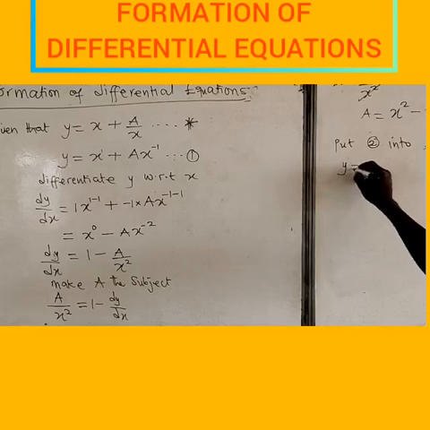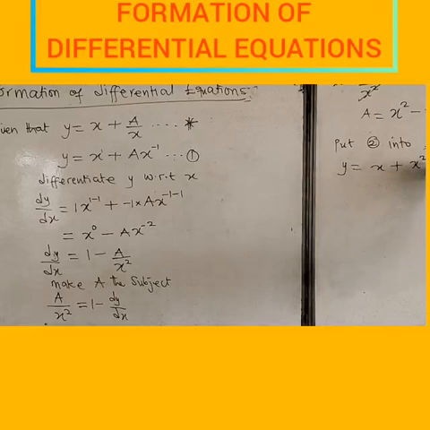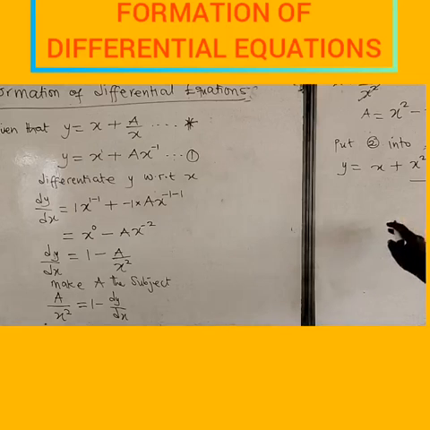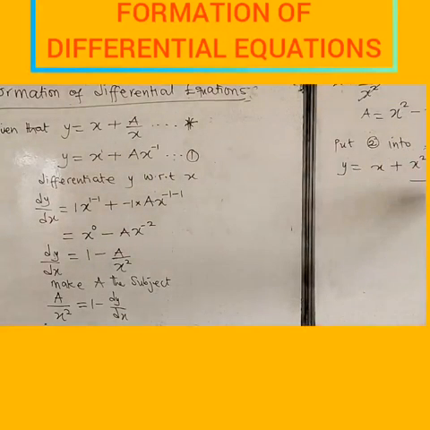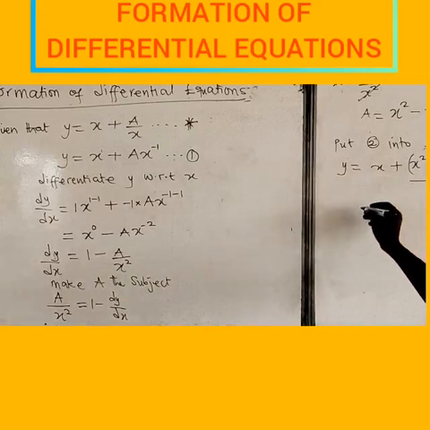So we have y is equal to x plus a, where a is x squared minus x squared dy dx, all over x. So this is the a. Okay, so from here we are going to simplify.